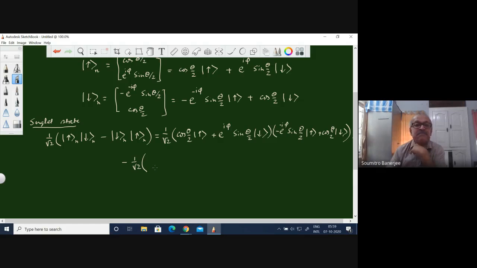Minus 1 by root 2. I have to put a whole bracket, but just to make things simpler, I put third bracket. Sorry.